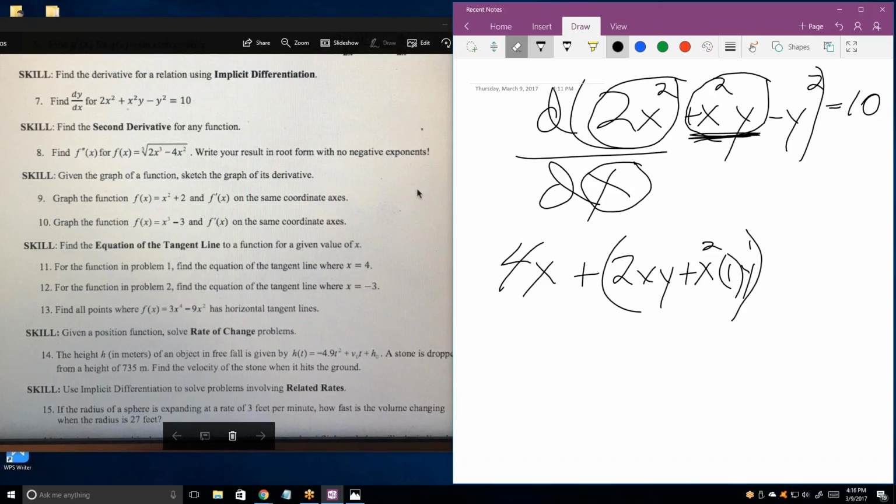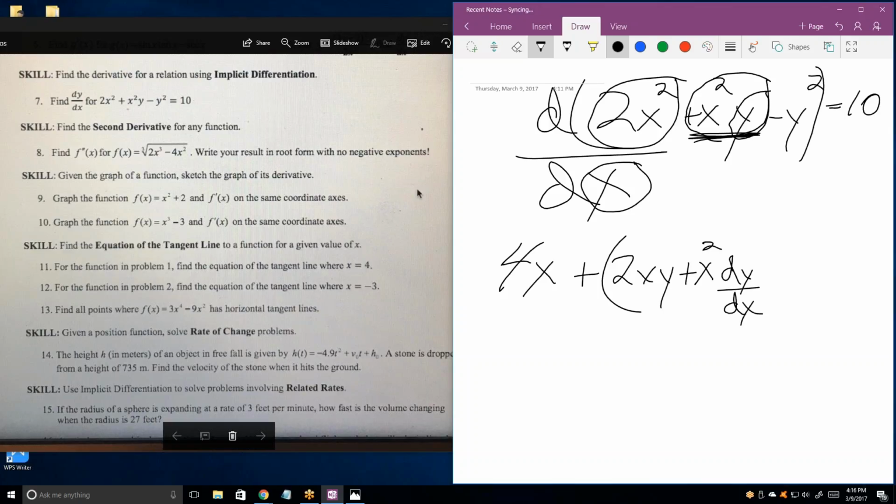Or I can write that dy dx. Don't need to write the 1, but I do need to write the dy dx, because I ran into a variable that was not x. If I'd have run into an r, then I got to follow it with a dy dr. If I'd have run into a t, I would have to follow it by a dy dt.